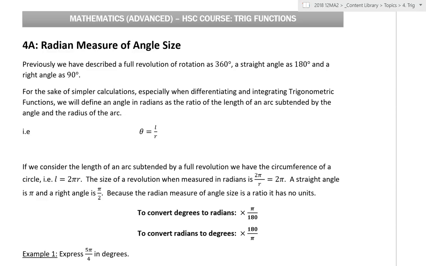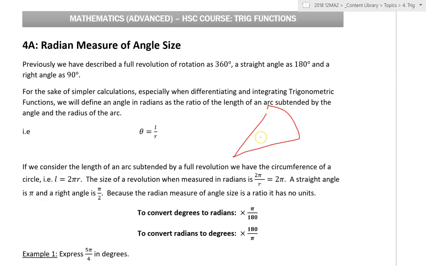Instead of using degrees, 360 degrees to a revolution, we're going to describe the angle in radians, where the angle is equal to the arc length divided by the radius of that arc.